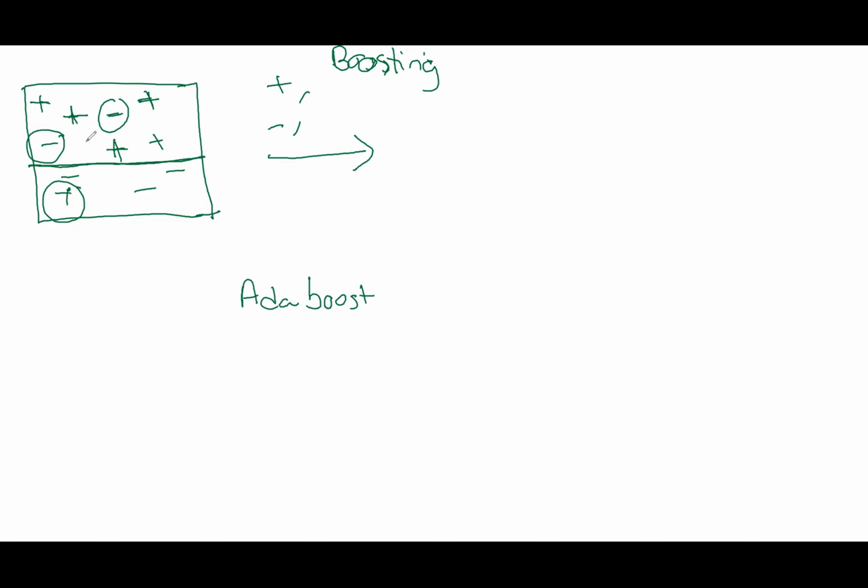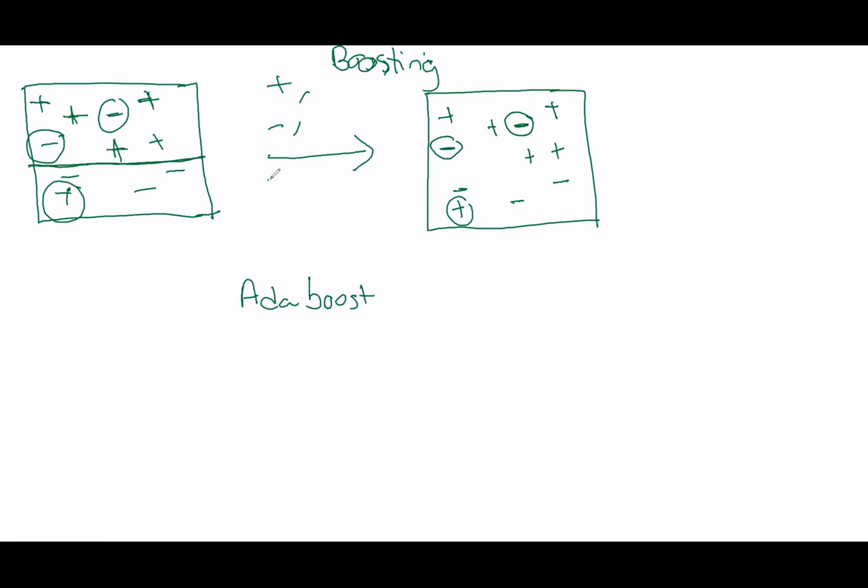So in the next case, your data set looks like this. Though you have the same features which are plus, plus, plus, your negative ones, the ones which have been misclassified, now have more weights. So this will still be the same, but it puts more weightage on the ones which have been misclassified by the first classification.